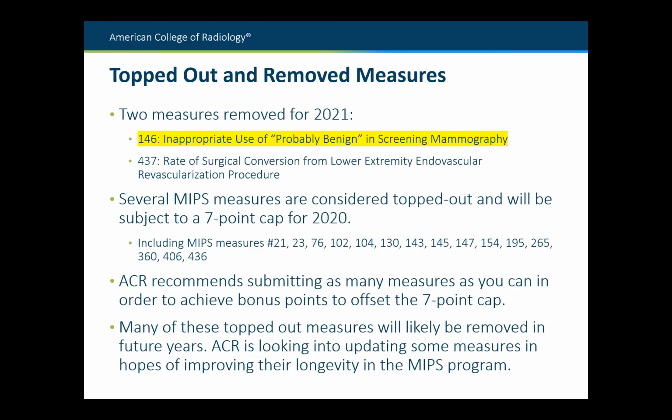We have a lot of people submit those measures. And so to offset this, we definitely recommend submitting as many extra measures as you can, because any measures you submit beyond the 6 that are required can potentially give you some bonus points and hopefully help you offset that reduction of your score with the 7-point cap.